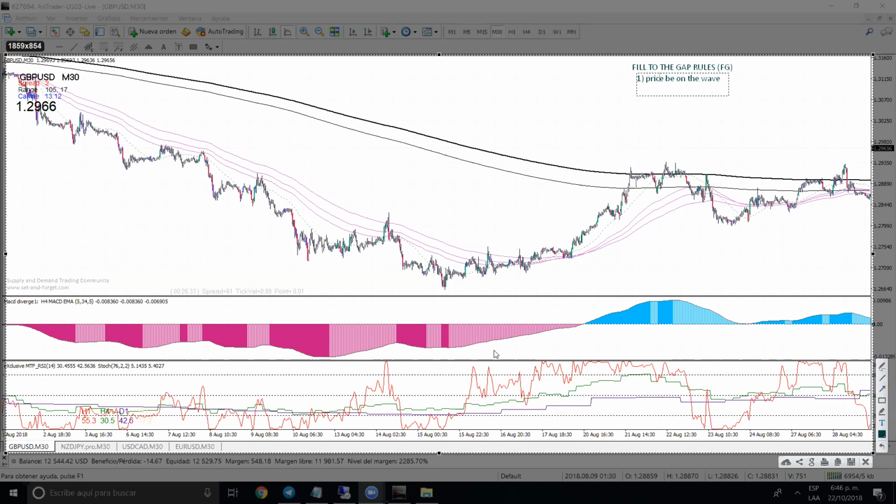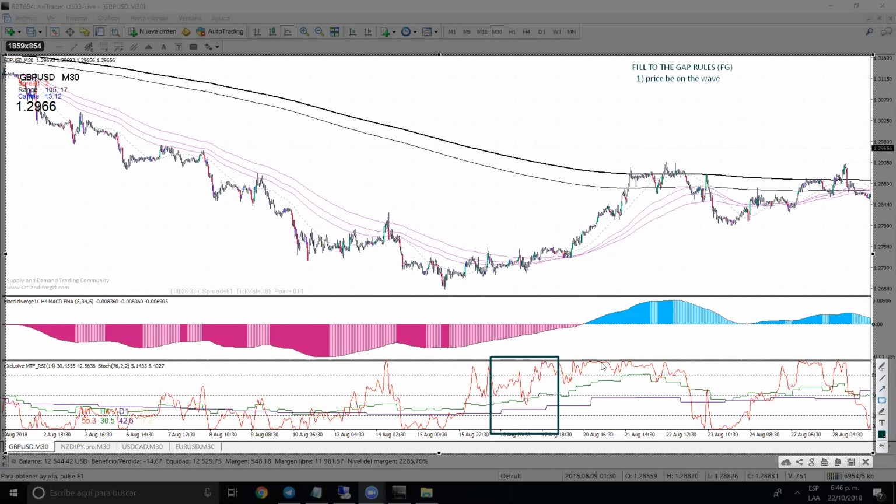Second rule. When the price is on the wave, we need the next configuration. Let's draw here. We are here on the wave. We need the next configuration.